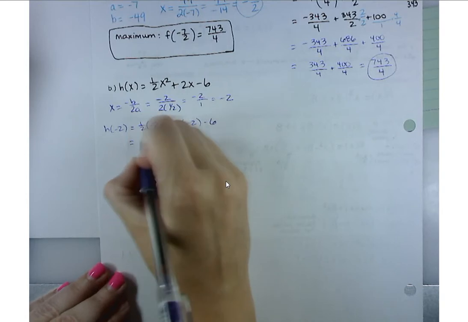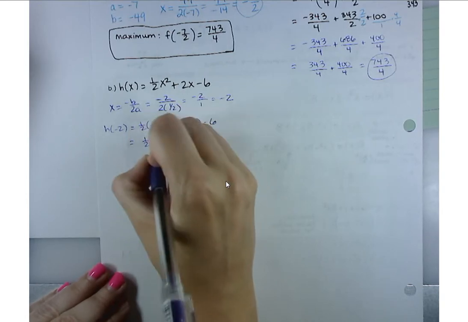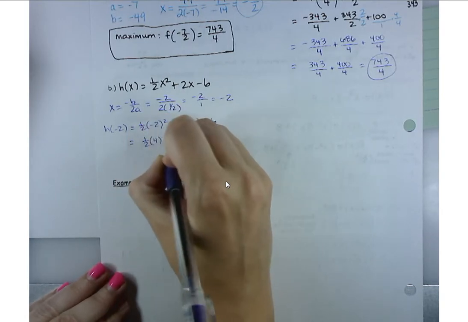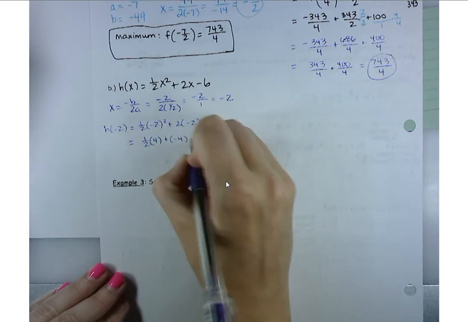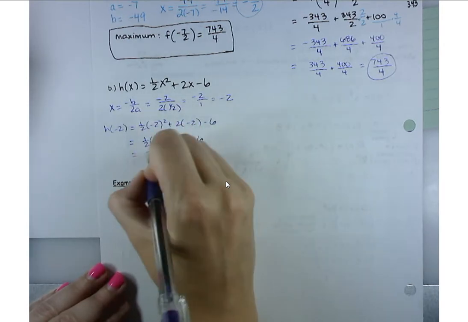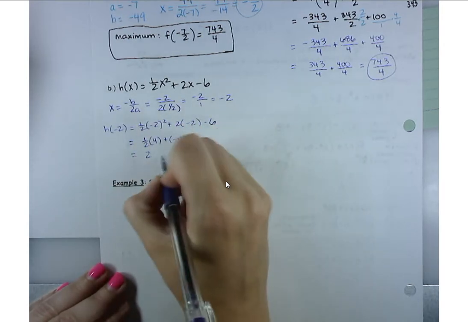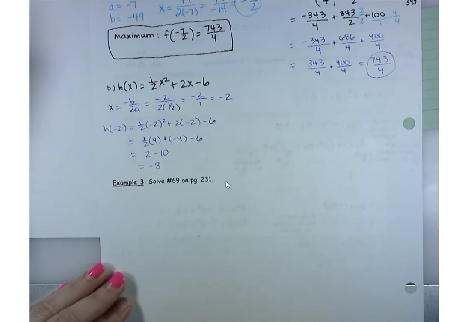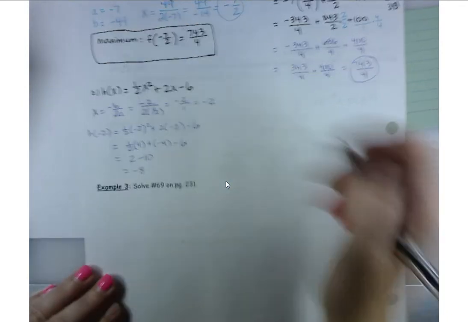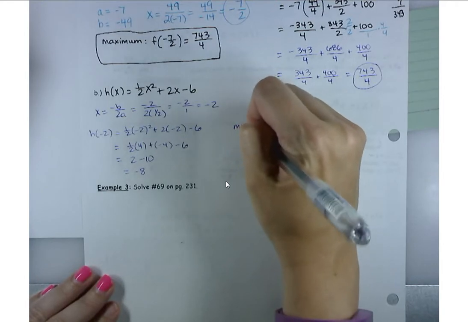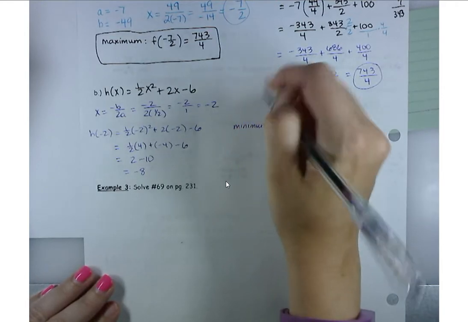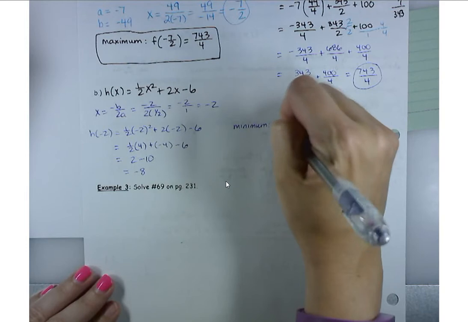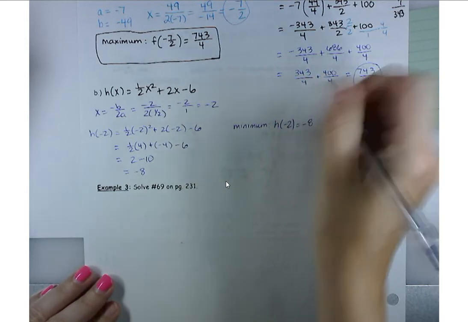And then again, order of operations. -2 squared is 4. This would be plus a -4 minus 6. So this is 2. -4 minus 6 is -10, so this would be -8. So then you have to tell me if that's a max or a min. This one will be a minimum. And this time it's h. So it's h of -2 equals -8.